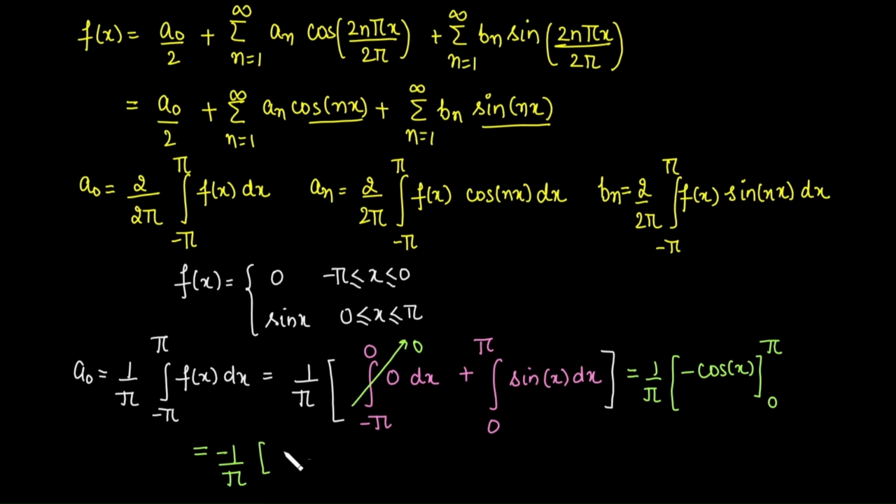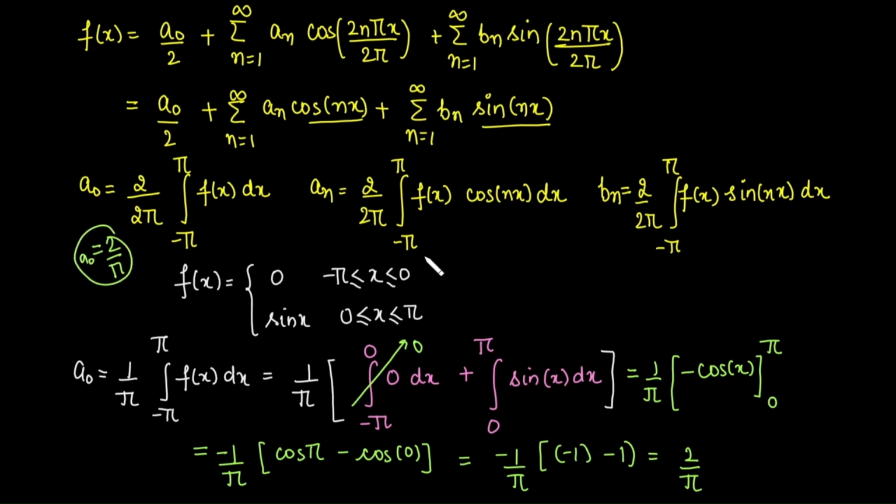Substitute the upper limit, that is cos of pi, minus the lower limit cos of 0. This is equal to minus 1 upon pi. Cos of pi is minus 1. Cos of 0 is 1. So this is equal to 2 upon pi. So in this case, the value of a naught is equal to 2 by pi.